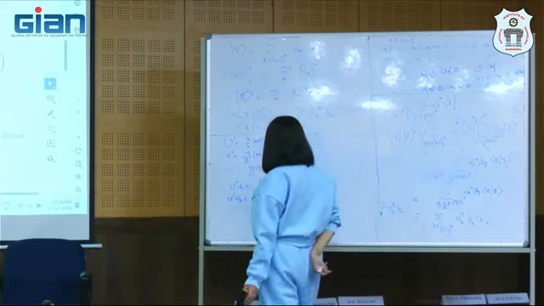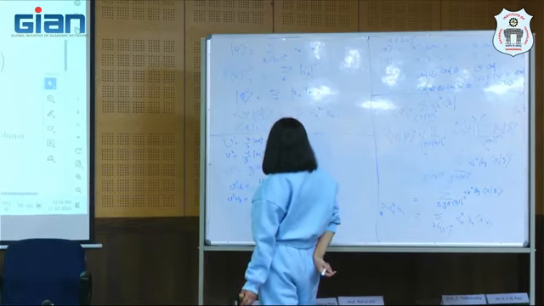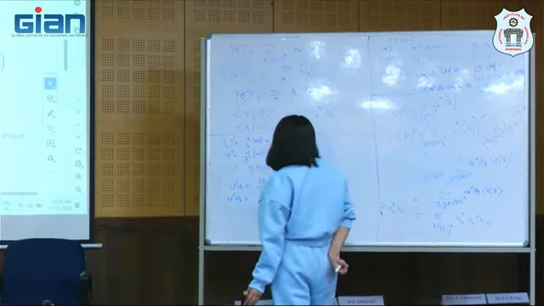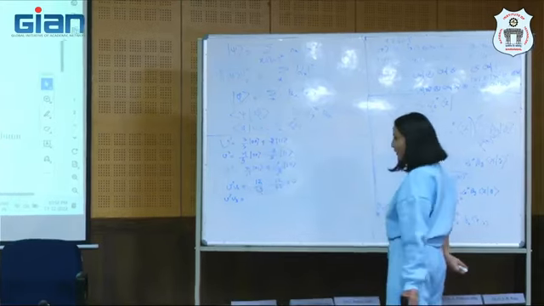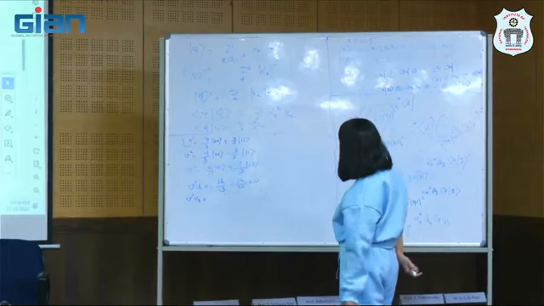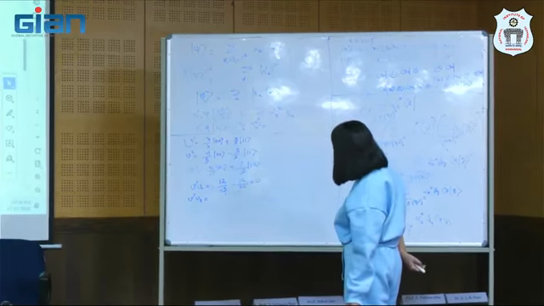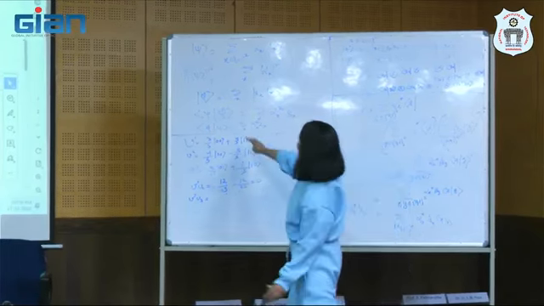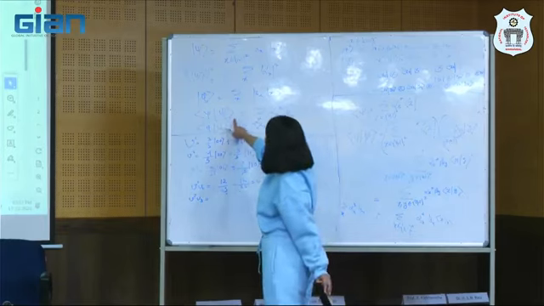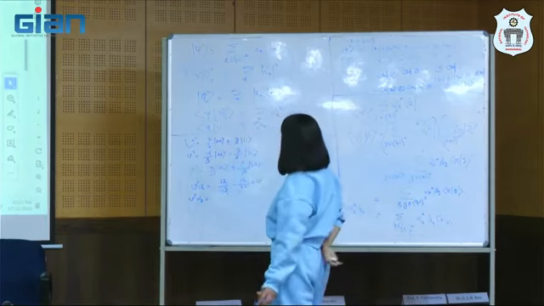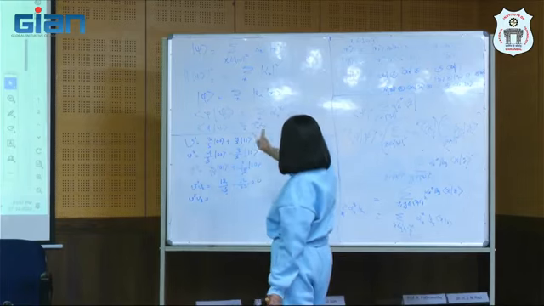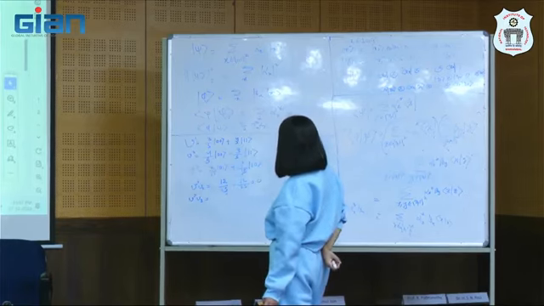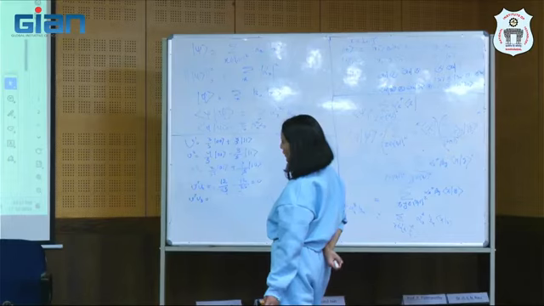What is our formula telling us? What are we supposed to do? Don't look there, look at the formula there. Just read out the formula. Alpha x.